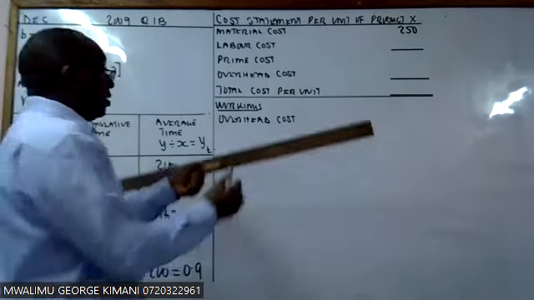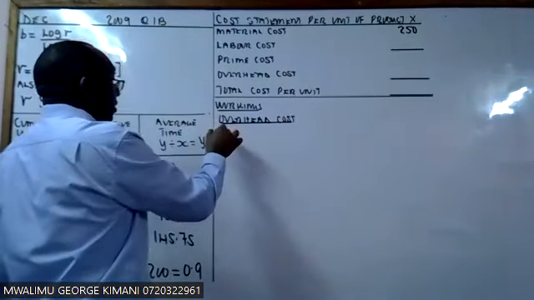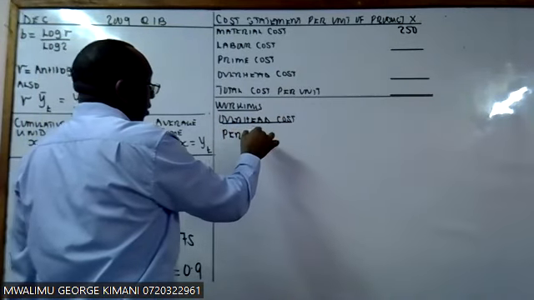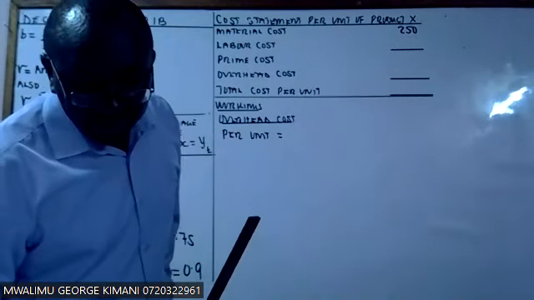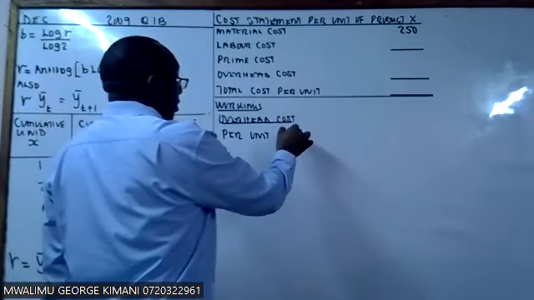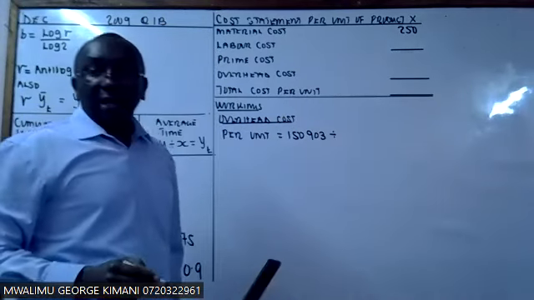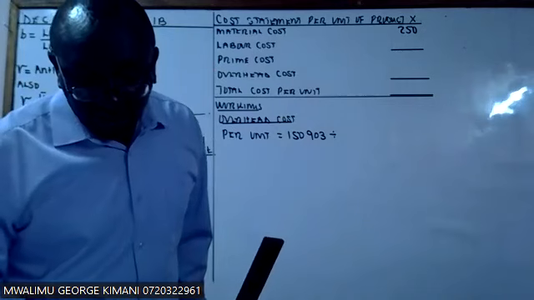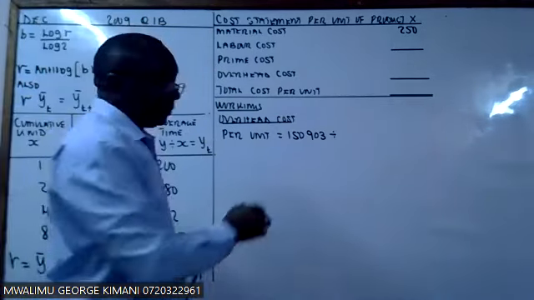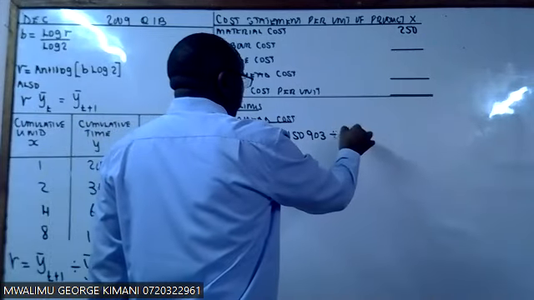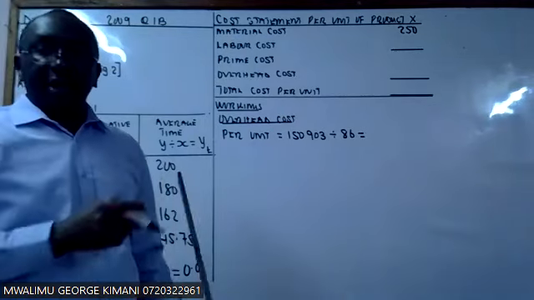So for the overhead, so per unit, we will take this amount that is given there, 159.03. We are told that the units that were done, they were 86. So give me the amount that will be there for the overhead.